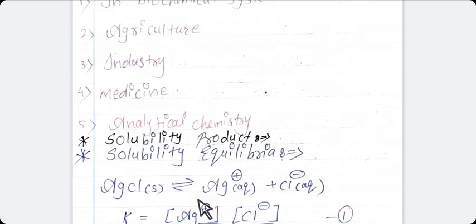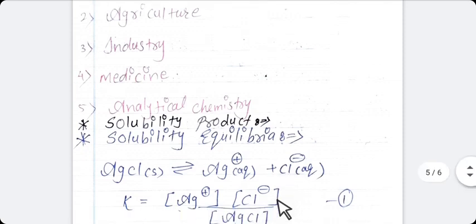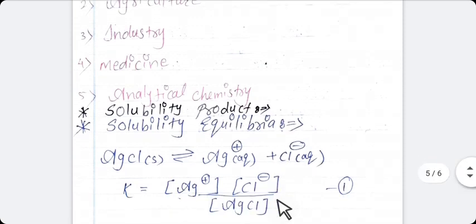As you have seen in the reaction, AgCl solid is a strong electrolyte and it gives Ag plus ion and Cl minus ion. We can write the equilibrium constant K equal to the concentration of Ag plus times the concentration of Cl minus divided by the concentration of AgCl.